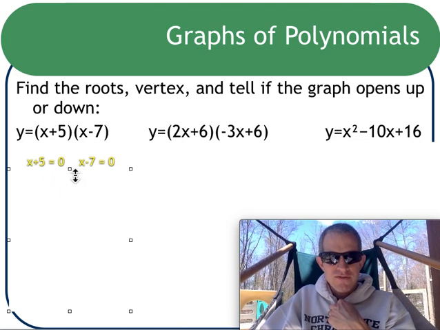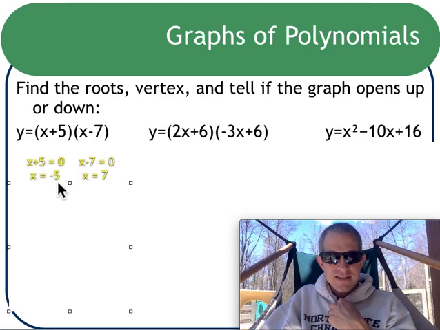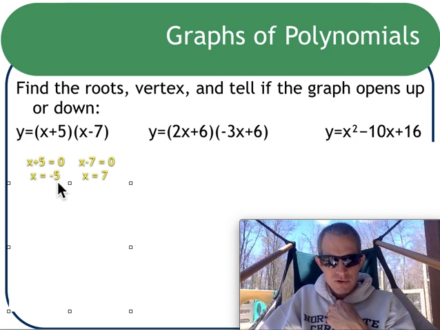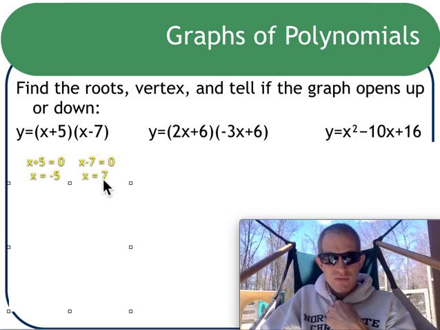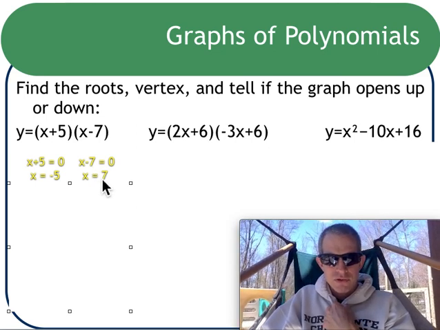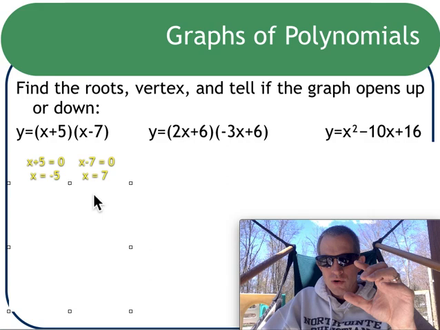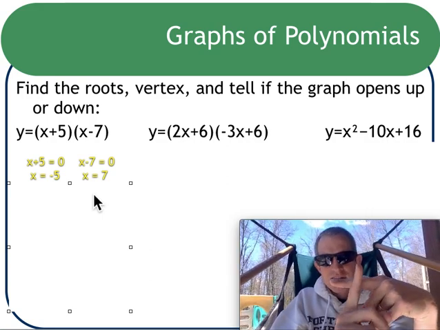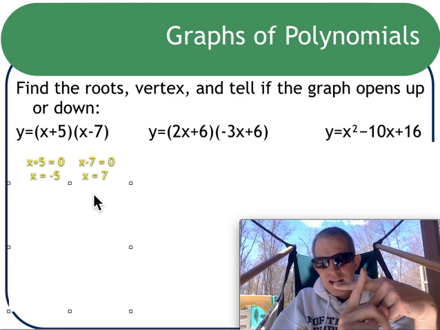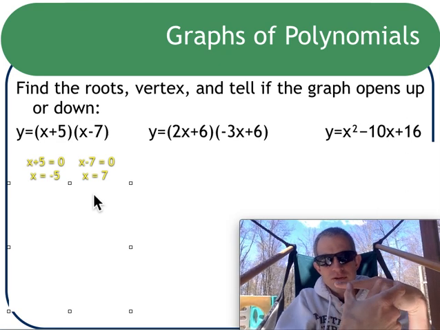If you subtract 5 from both sides, you get that x equals negative 5 is one of our roots. And when you set this factor equal to 0, adding 7 to both sides gives us that 7 is one of our roots. So now I know on that x and y plane that it intersects at a negative 5 and a positive 7.